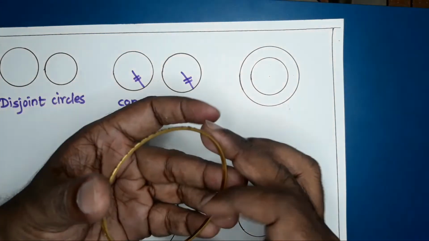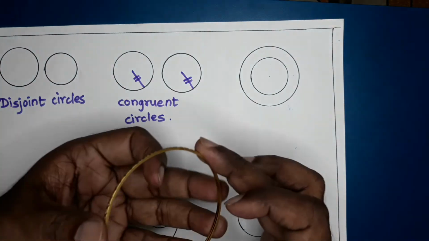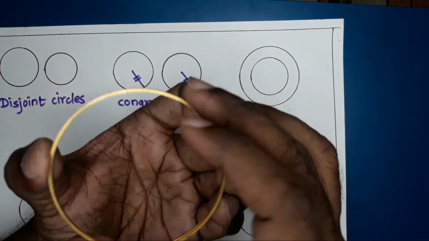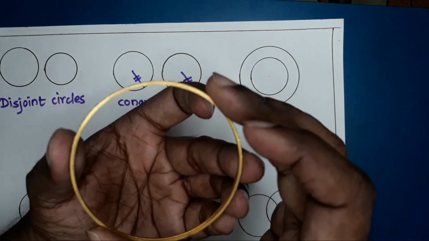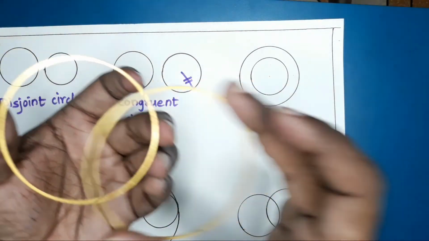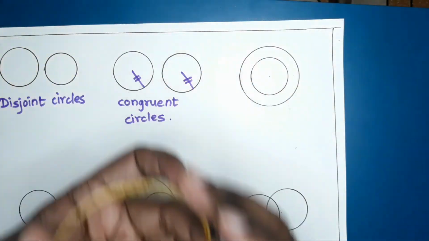For example, look at these two bangles. If I put one on another, then they match each other equally. It means that these two are congruent bangles. These two are congruent circles.